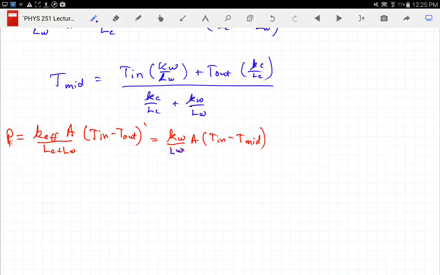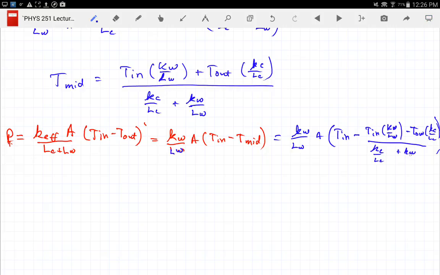So if I substitute the T mid, this is equal to, now that's pretty big, but let's get a common denominator.